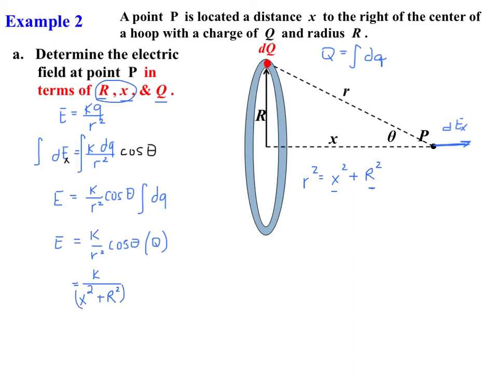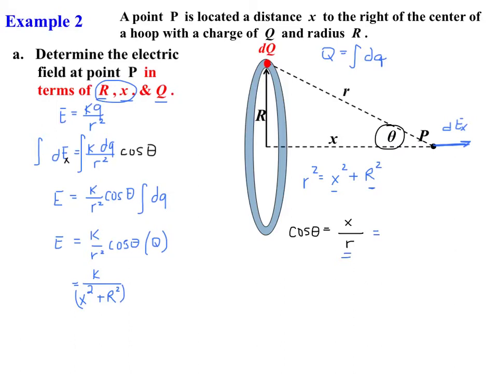Now we need to get rid of cosine theta. We know that cosine theta is equal to adjacent over hypotenuse. So adjacent to my angle is x, and my hypotenuse is r. But again, we cannot leave r in my final equation.